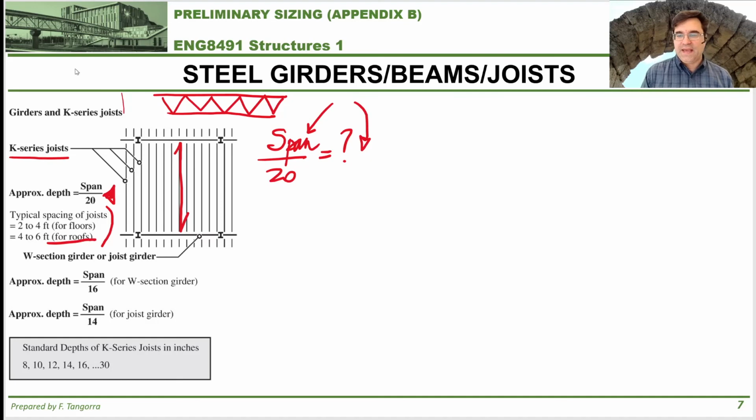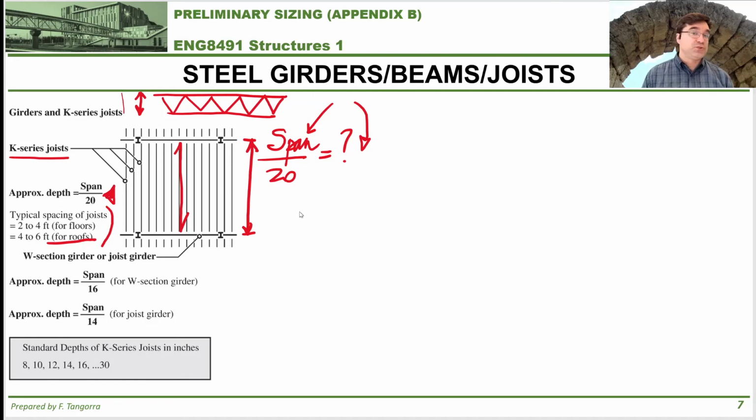Okay, and again, we're trying to figure out an initial approximation for the depth, the vertical depth, of our open web steel joist spanning between girders. So that means that in this case, the span that we're actually using is this distance girder to girder. Make sense? Lovely.